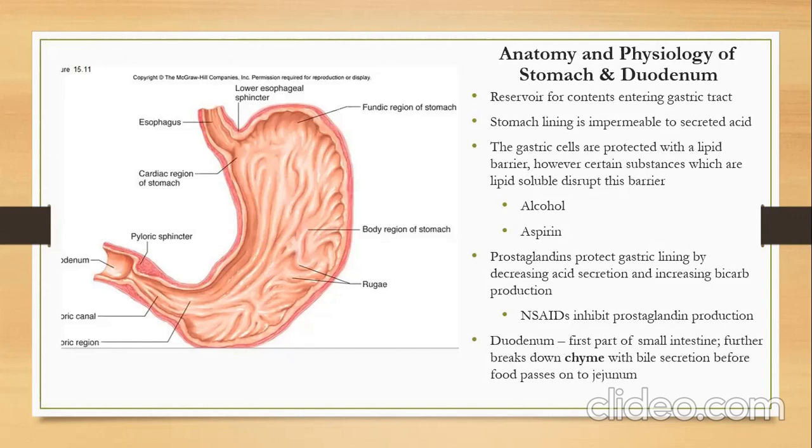This is where bile comes into play. Bile is created and processed with the pancreas and the gallbladder. It's going to pass through the bile duct, and it's going to be dumped off into the duodenum, so the duodenum can take that chyme, that food that's been broken down with gastric acid, and further break it down with some bile. Okay.